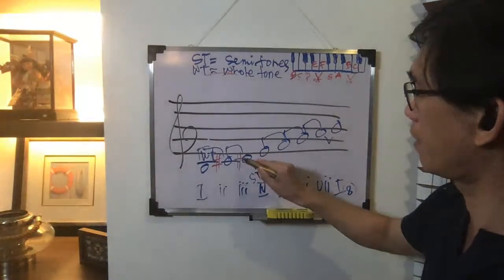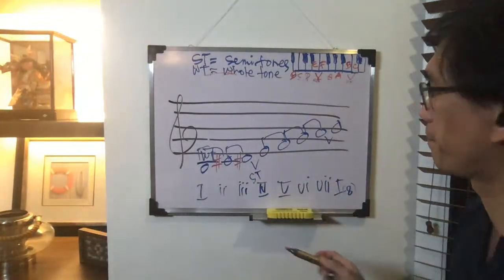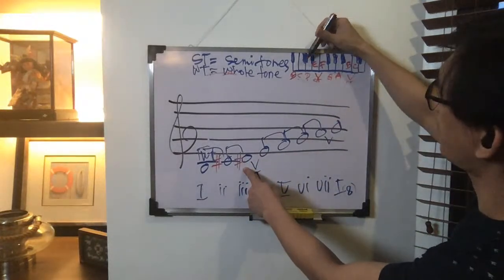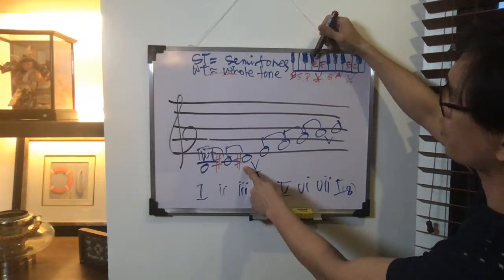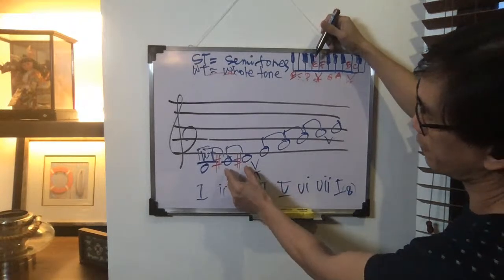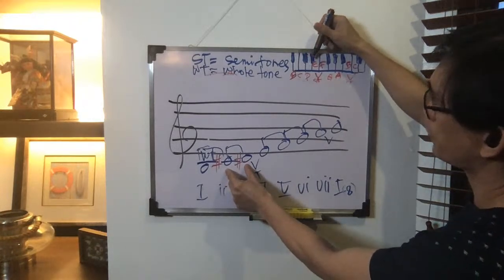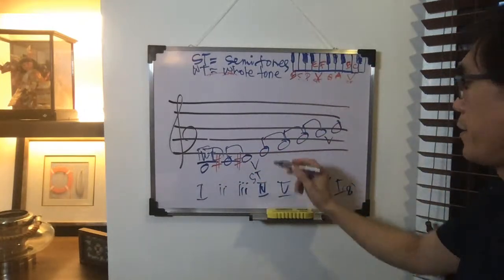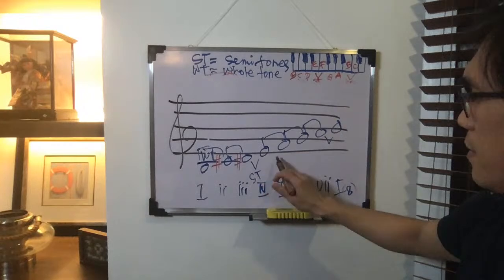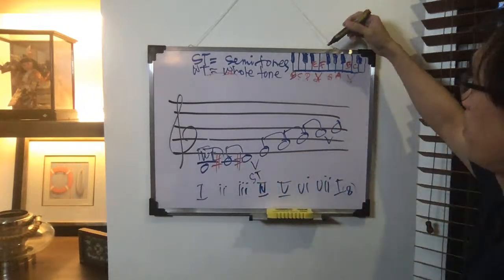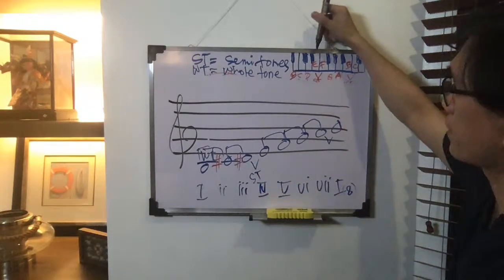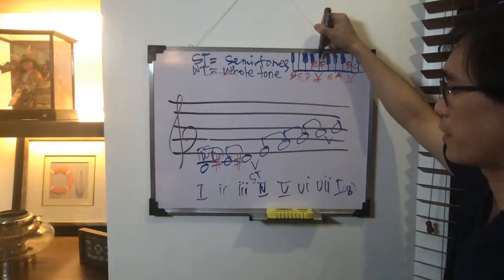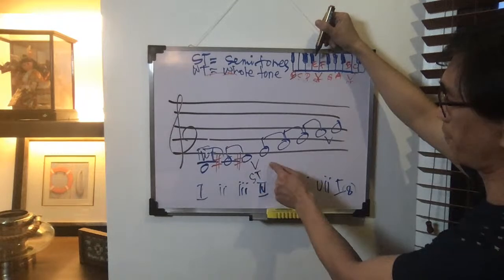So once that is raised half a step, the D becomes sharp, then the interval C sharp to D sharp is now a whole tone interval. So next, let's check if there's already a semitone. D sharp is this black key, going to E. That's right, it's already half a step.